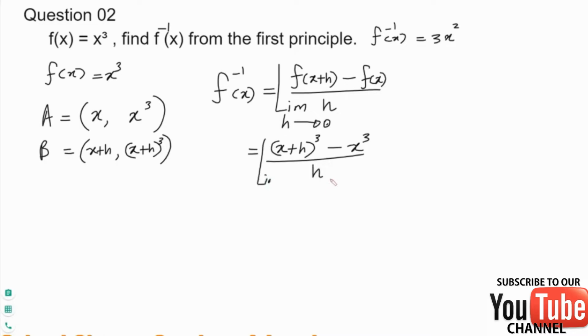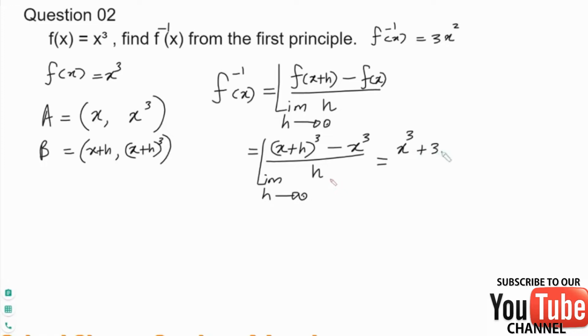So that is going to be limit h goes to 0, right? Now you need to know how to expand the (x plus h) cube, right? So there is a topic called binomial expansion, right? So we will do some topic revision on that also. So I will expand this one quickly. So x cube, right?